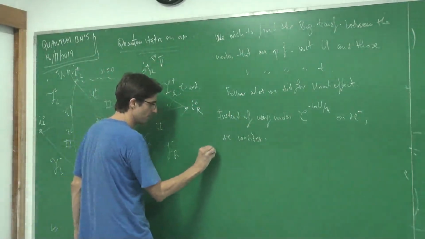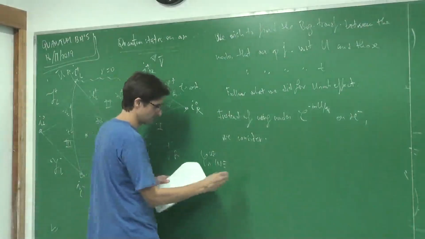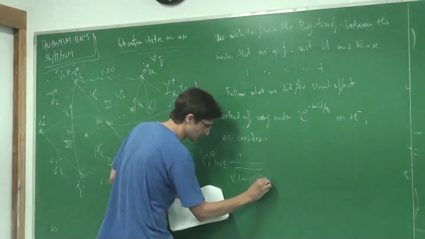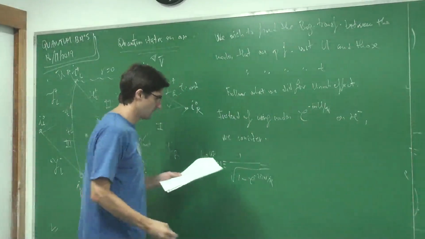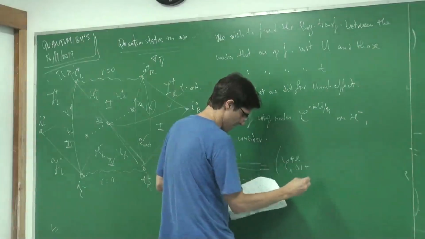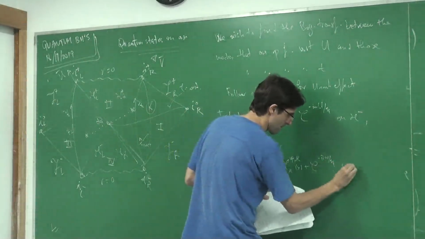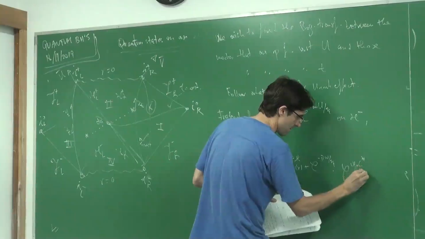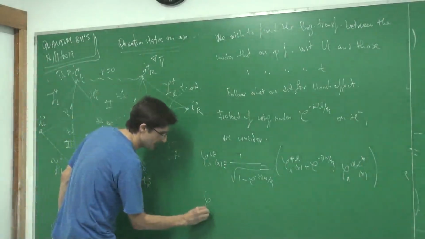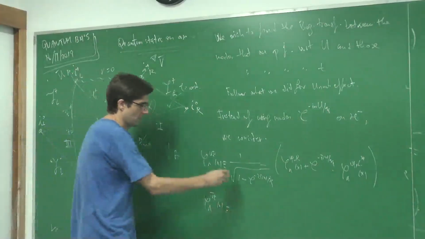So phi up in capital letters L and phi lambda up in capital letters R. So it's the same factor.